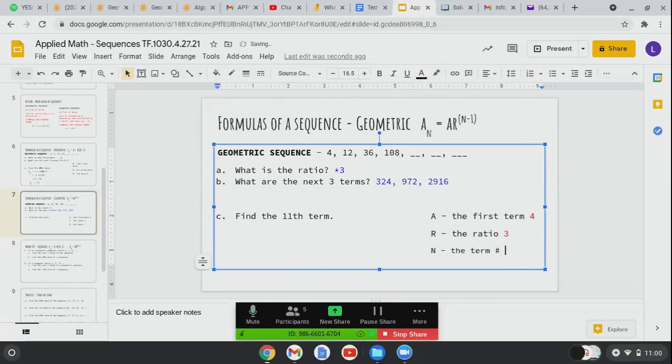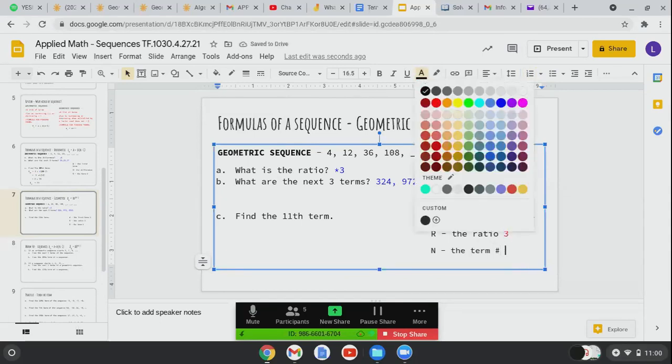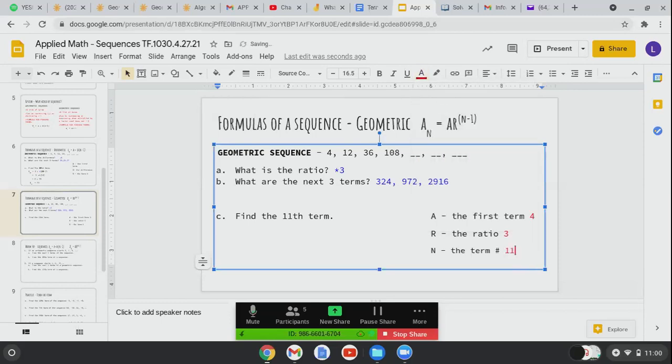And we are looking for the 11th term. So now our equation is here.